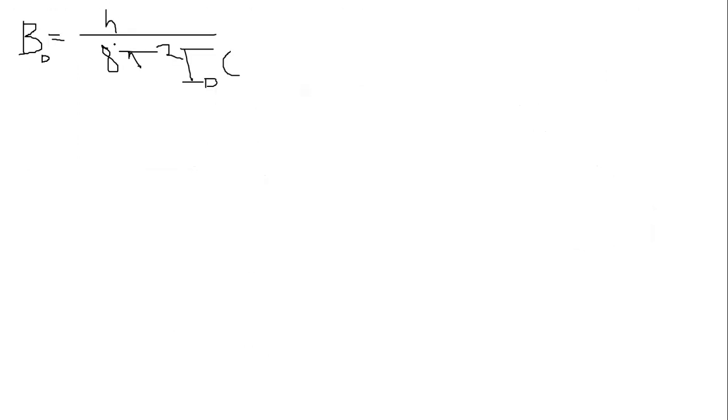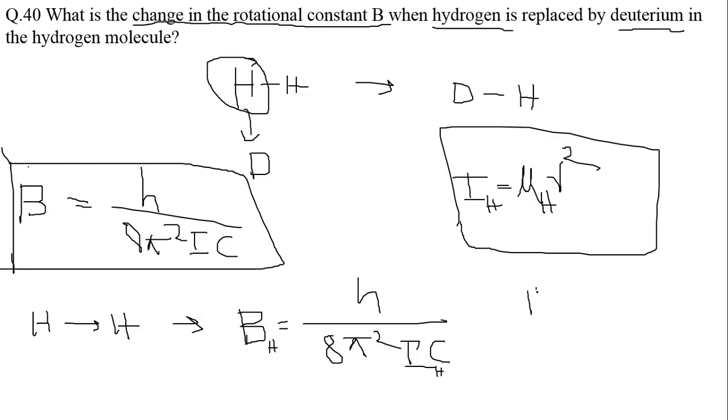Similarly for deuterium, the rotational constant expression will be h by 8 pi squared ID c, where ID is mu D r squared. But here we know hydrogen is 1H1 and deuterium is 1H2.